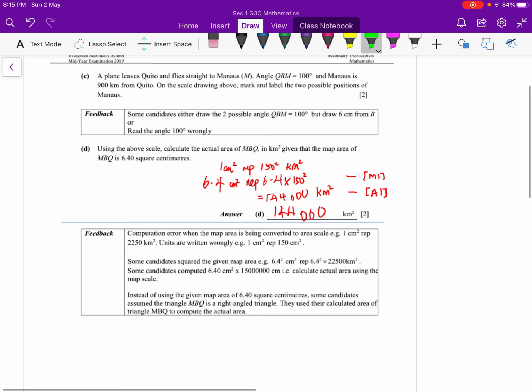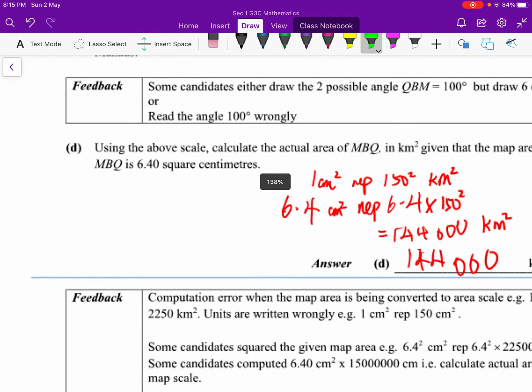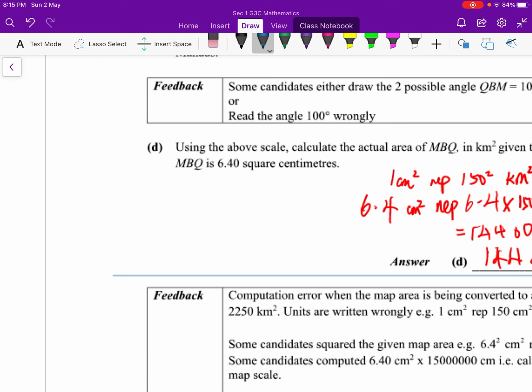Next portion, part D, find the actual area of MBQ in square kilometers, given that the area on the map is 6.4 square centimeters. So we need to go back to our original ratio for length. So our usual approach, map to actual. Then we are first talking about length. 1 cm, 150 kilometers. We need to square both of them to get a ratio of the area.